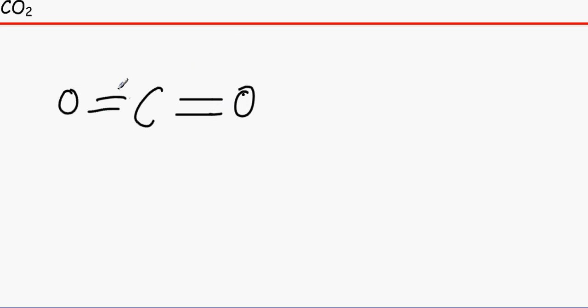And this angle is 180 degrees. Although you've got 4 bonds here, since they are bonded to the same atom, they will not be repelling each other in that way. In actual fact, they've got different orientations, these bonds, because they've got a sigma bond and the pi bonds.